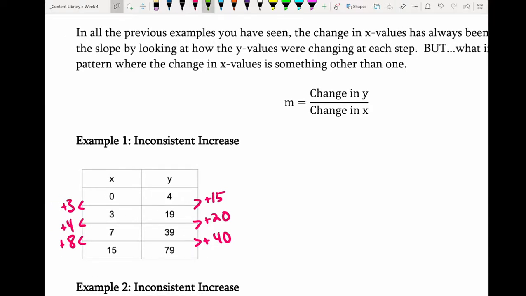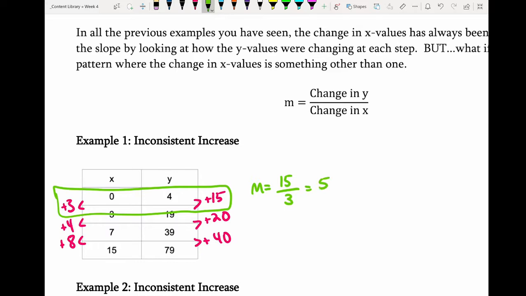So here I have 3 different scenarios or possibilities for finding my slope, because I have 3 different pairs of changes to look at. If I look at the first one, plus 3 for the x and plus 15 for the y, if I go back to my m, or my slope formula, the change in y is 15 over the change in x is 3. This can be simplified to 5.